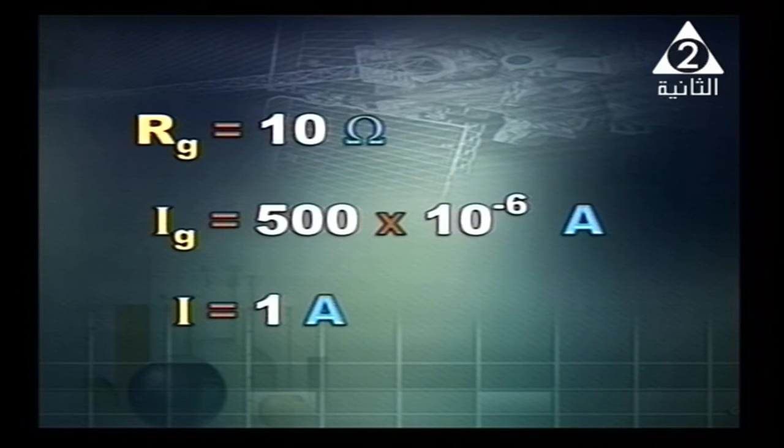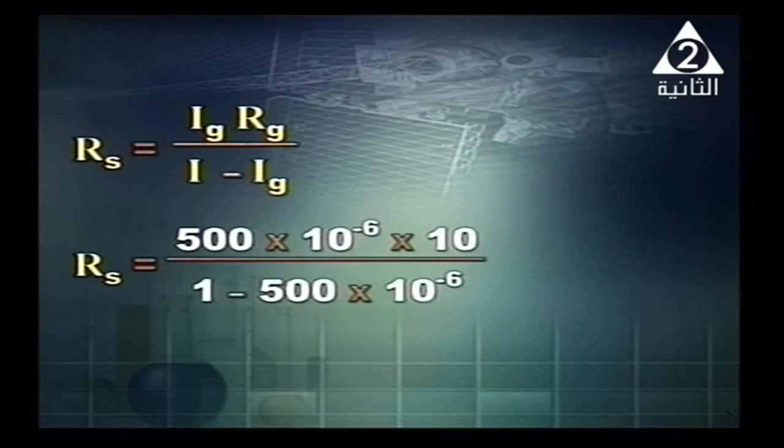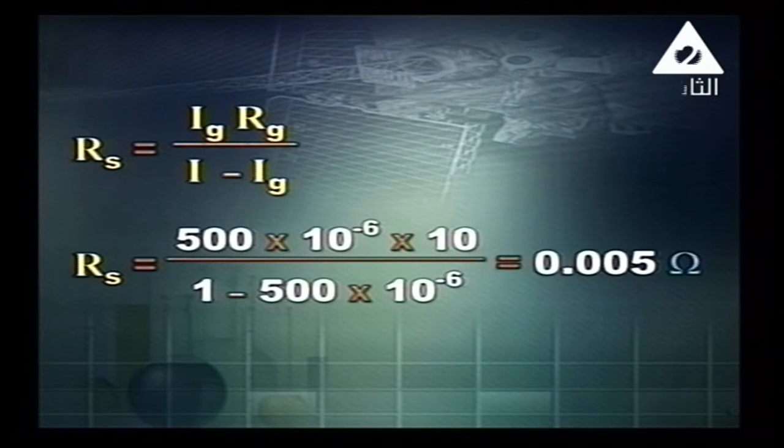We'll use the relation of the shunt: Rs is equal to Ig Rg over I minus Ig. So it is equal to 500 times 10 to the power of negative 6 times 10 over 1 minus 500 times 10 to the power of negative 6. The value of the shunt is equal to 0.005 ohm.